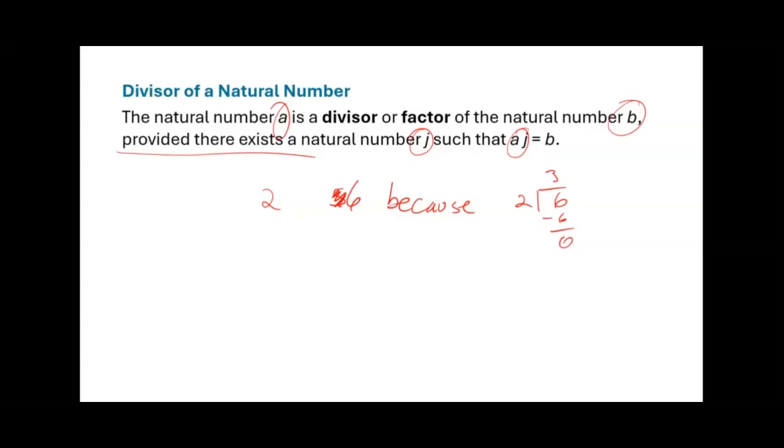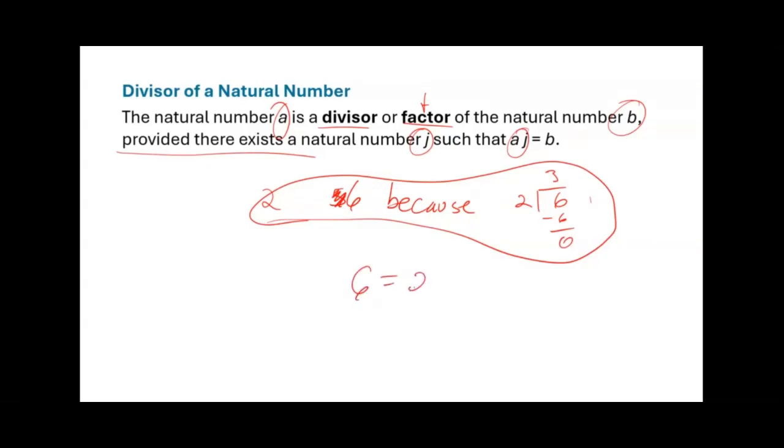But the official definition is actually made as a multiplication, and that's why we can use these two words. It's not that it's wrong, but it's usually more complicated to work with divisions. So an equivalent way of looking at divisors is by looking at factors. And in that sense, we're thinking about it as multiplications, but it's the same thing. We're just saying that you can write 6 as 2 times another number.